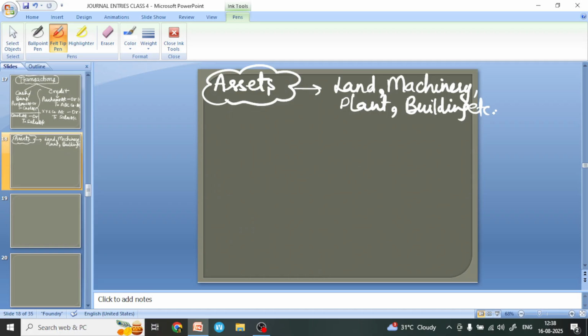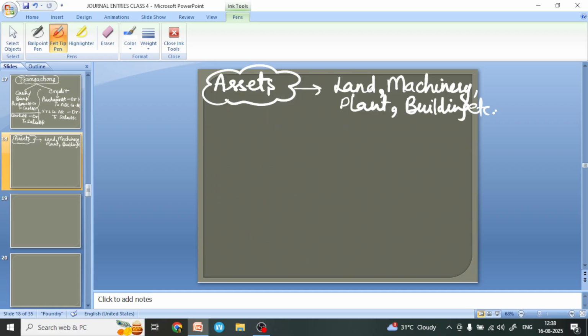It is not represented through purchases, because when we purchase any machinery, building, land, plant not for sale purpose, that will be your asset, so it cannot be represented as purchases. They can be represented with the name of the asset.